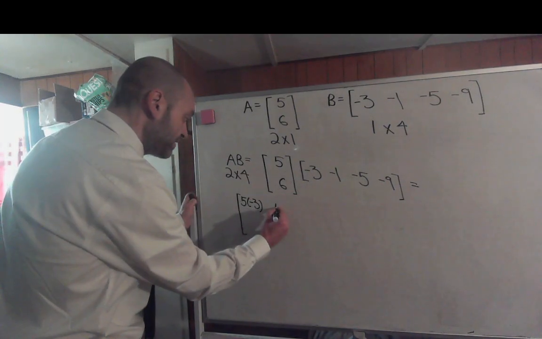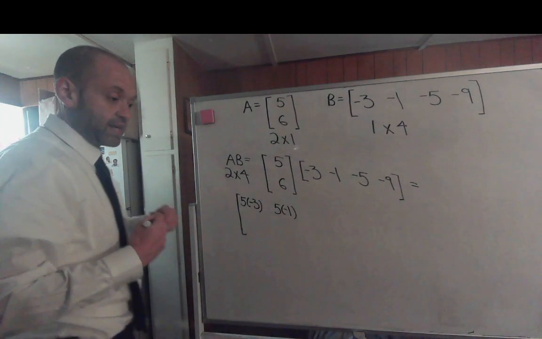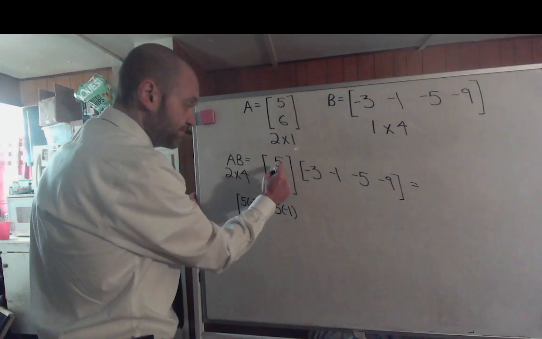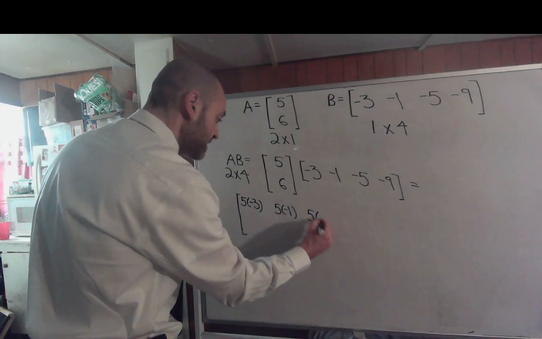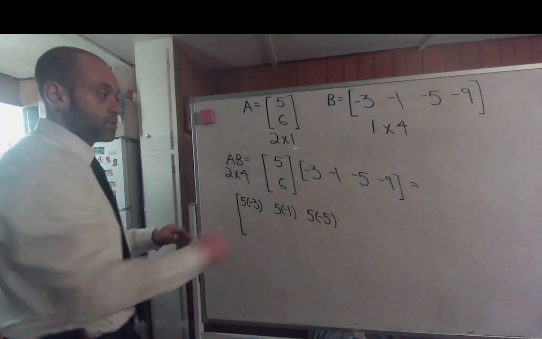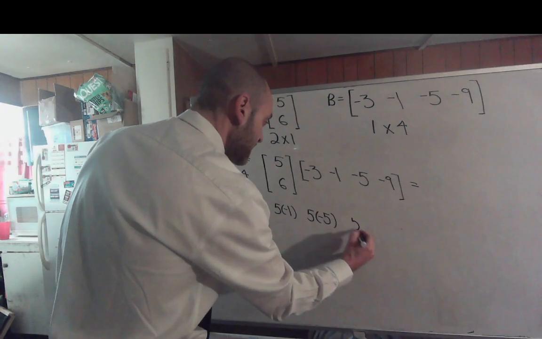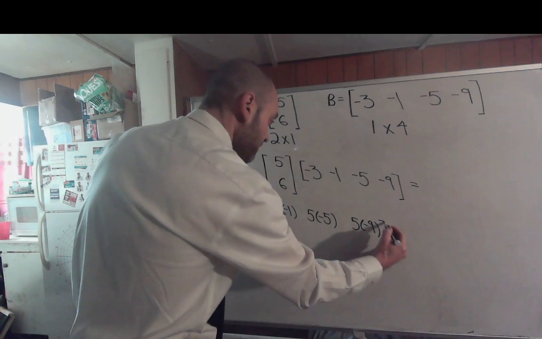That would be 5 times -1. To get the third number of the first row, we'll take the first row times the third column. So that would be 5 times -5. To get the fourth number of the first row, take the first row times the fourth column. That would end up being 5 times -9. There's your entire first row.